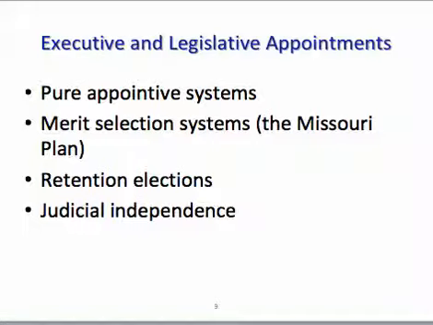And Maryland has a system that is similar to this. As your book mentions, these were implemented, and there was a lot of interest in the Missouri Plan. They're a little bit less popular than they were a few years ago.